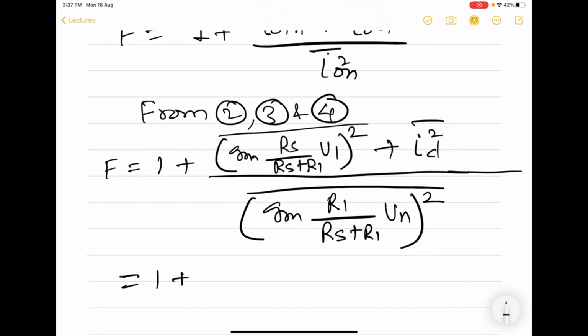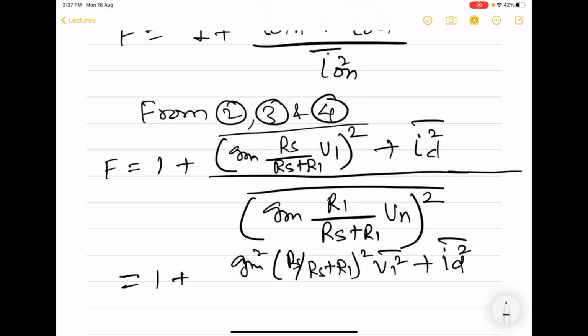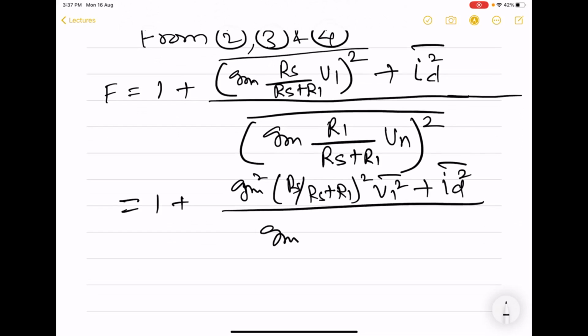So this becomes 1 plus GM square RS by (RS plus R1) whole square V1 mean square plus ID mean square, divided by GM square R1 by (RS plus R1) whole square Vn mean square.